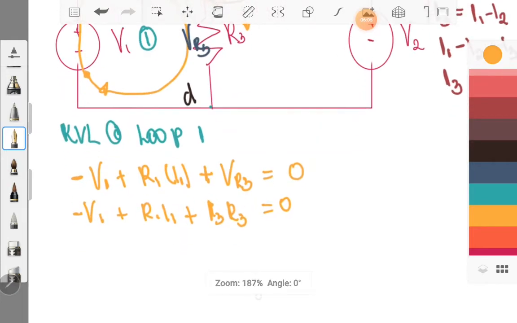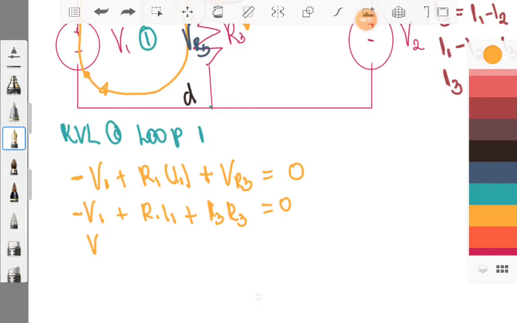V1 is given, so we won't touch that yet. So what is our next step? We need the value of I3. How do we solve for I3?